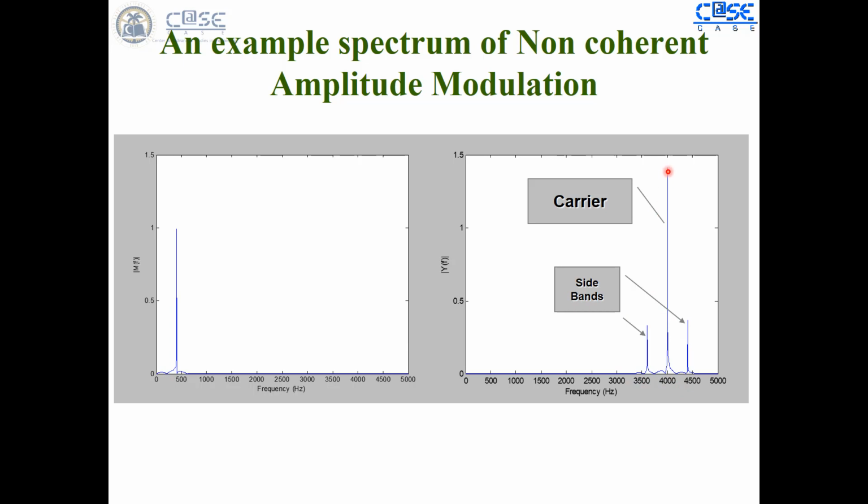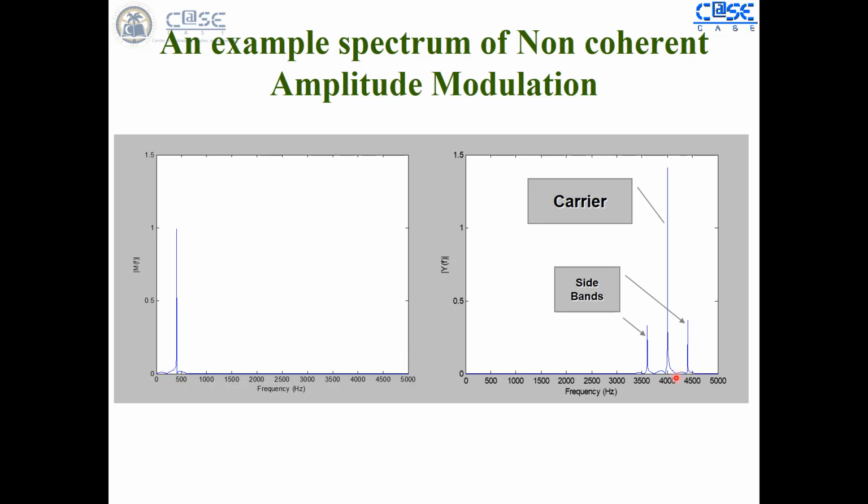You can see the spike having a very high power is the carrier term. In this particular scenario, a 4 kilohertz carrier is being used to modulate this message signal. The message signal spectrum has only one frequency component, at around 500 hertz.